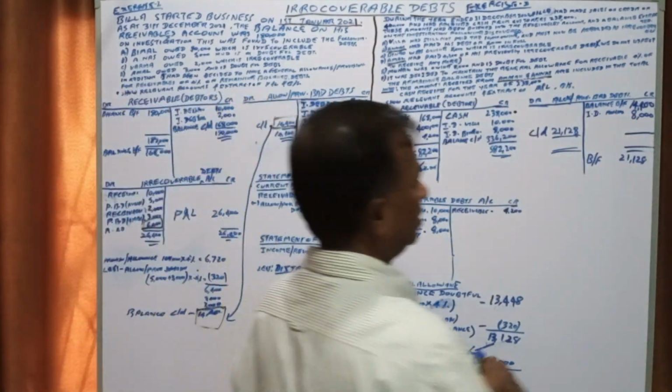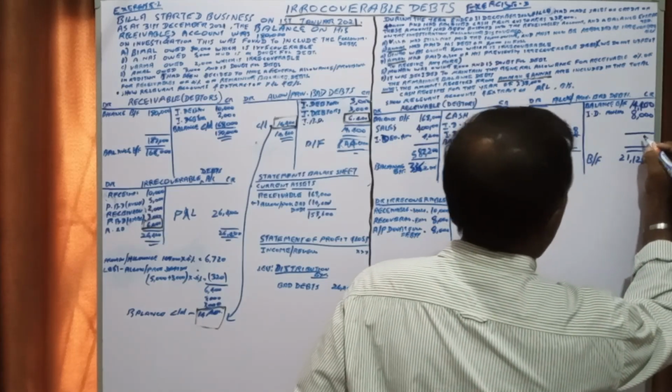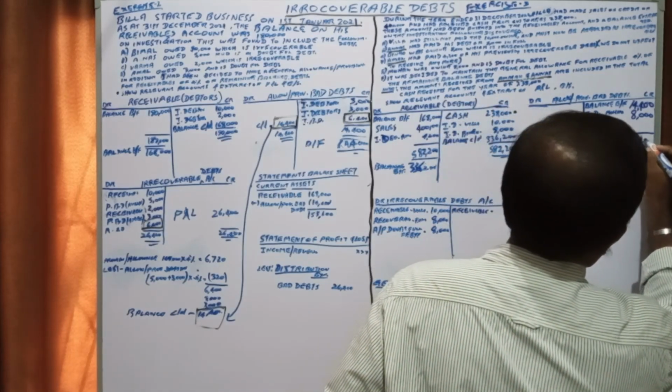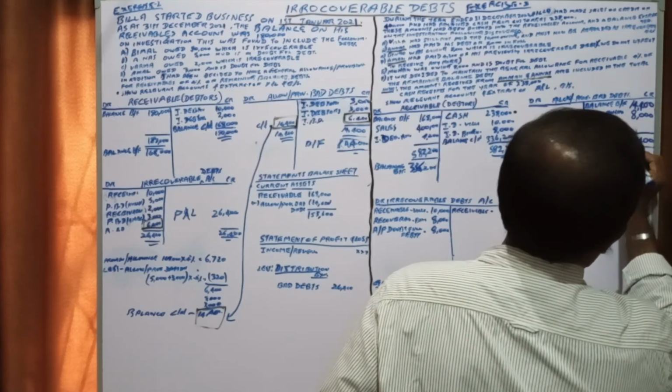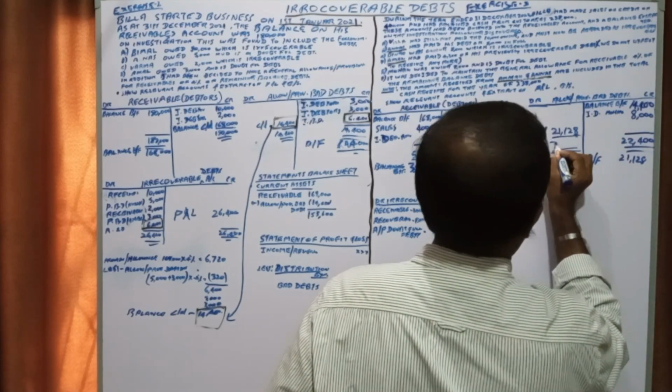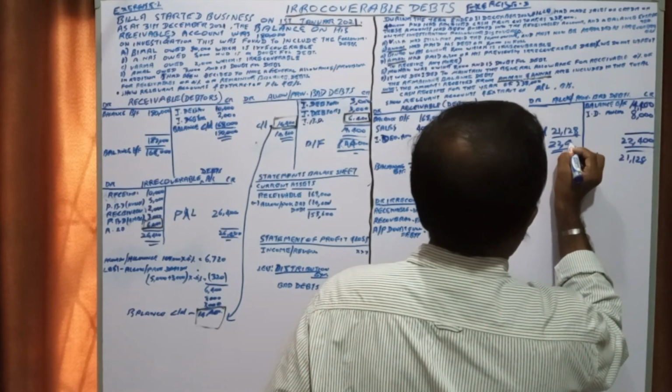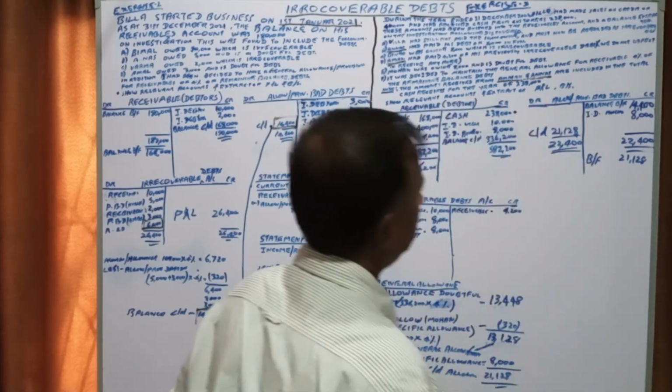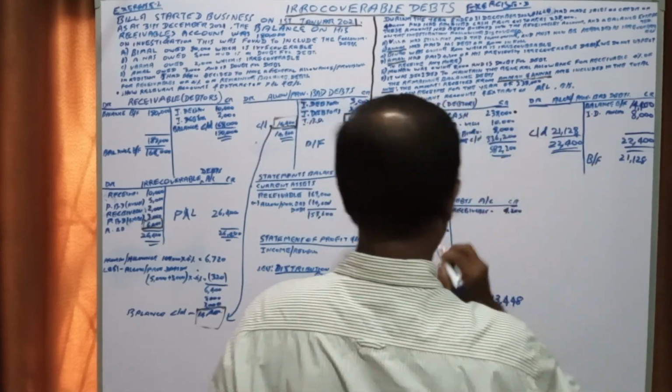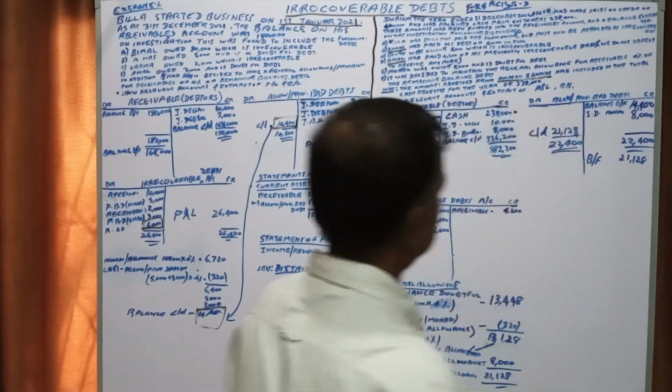So we do the needful additions for that. This is 22,400. Okay, what is the difference?